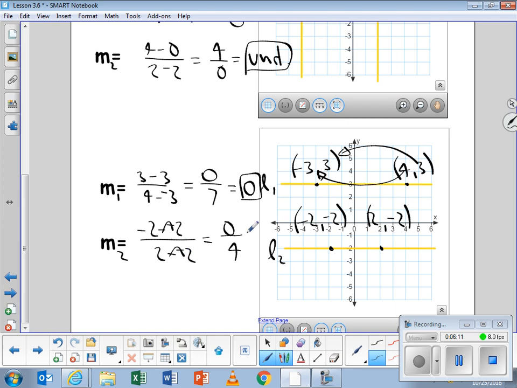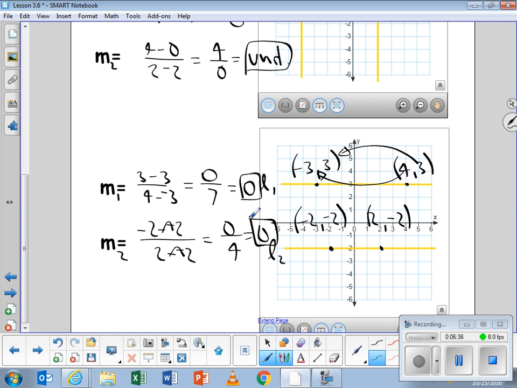And what's 0 divided by 4? 0. So those horizontal lines have the same slope, don't they? They have a slope of 0. Okay, so lines that have the same slope are parallel. And we have the little disclaimer that says vertical lines are what?